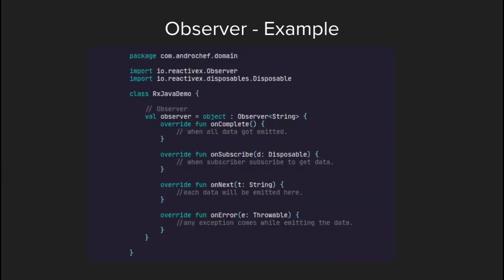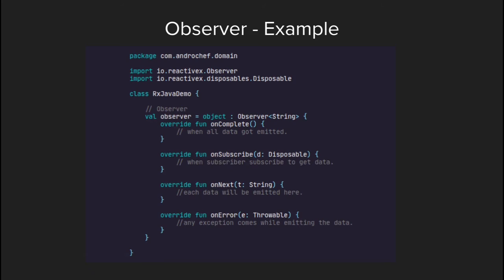Let's understand observer by an example. In the example you can see this observer is of type string. This is an anonymous class which is overriding 4 methods: onComplete, onSubscribe, onNext and onError. When you subscribe to that particular observer, the onSubscribe method will be called, and when the observable emits the data, it will call the onNext of the observer.